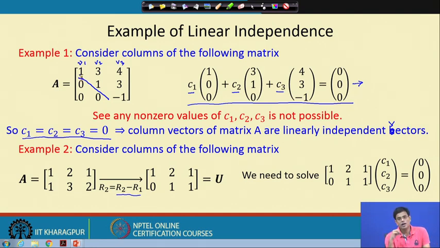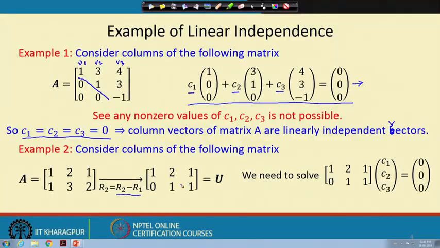From where we can conclude that if there is an upper triangular matrix and its diagonal elements are non-zero, then the column vectors of that matrix are essentially linearly independent vectors.